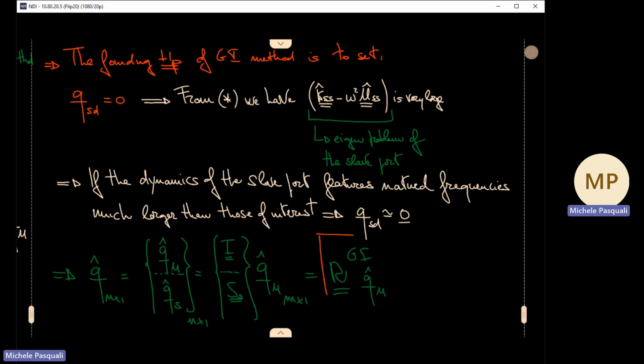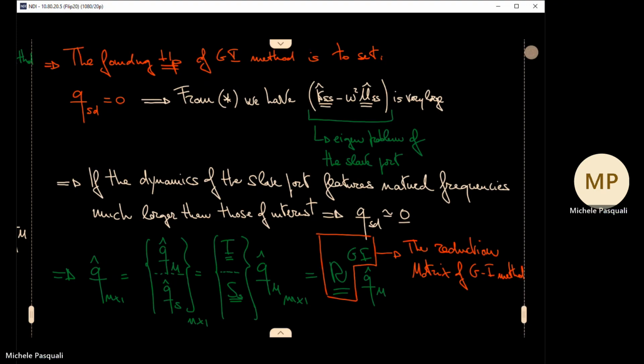So this, the reduction matrix of the Guyan-Irons method, which is again, this is the identity matrix. Okay?